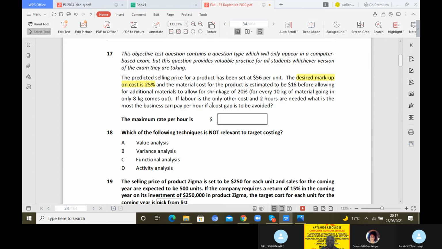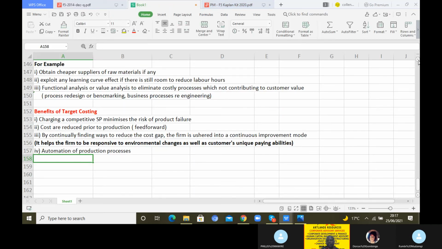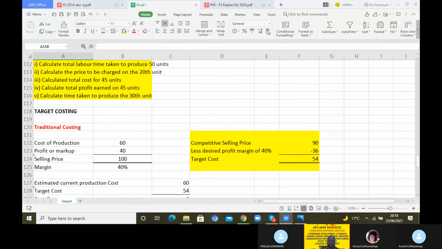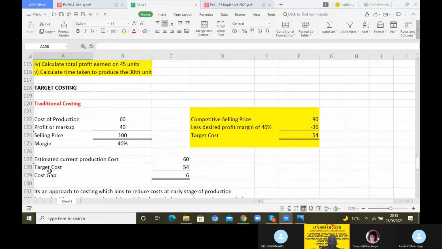Now, if the question says cost gap is to be avoided, you come to your notes and say, how do you reduce a cost gap? For you to say there is no cost gap, it means target cost is equal to estimated production cost. For there to be no cost gap, target cost and estimated production cost should be the same.